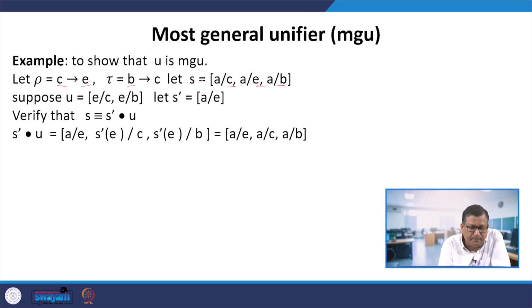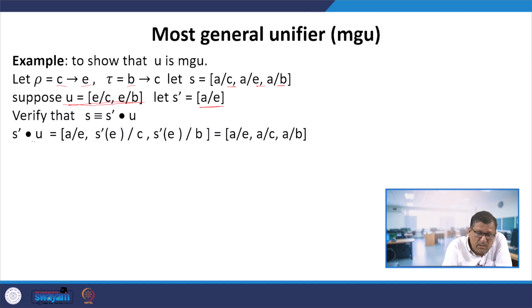This is S. Let u be the m.g.u, which involves two variables, C and B. And let us say S prime replaces E with A. So we have to verify that S is the same as the composition S prime u.